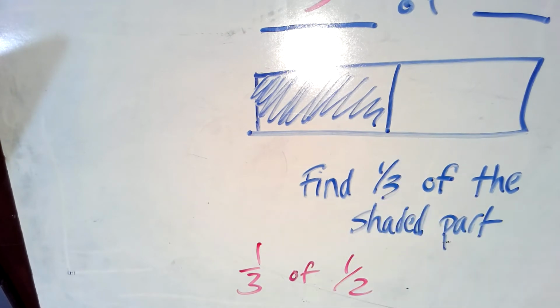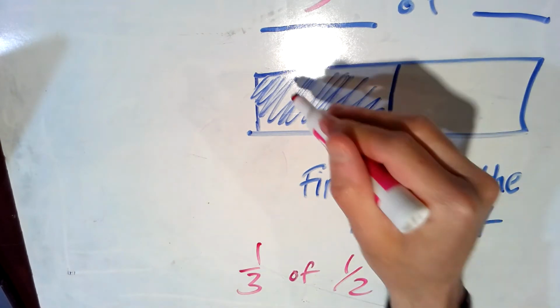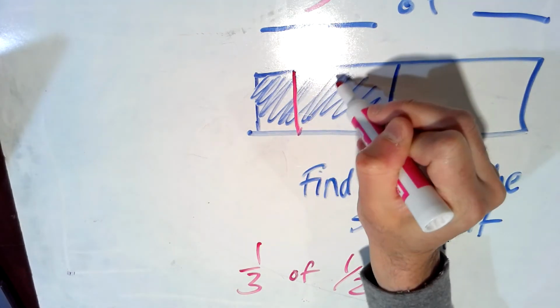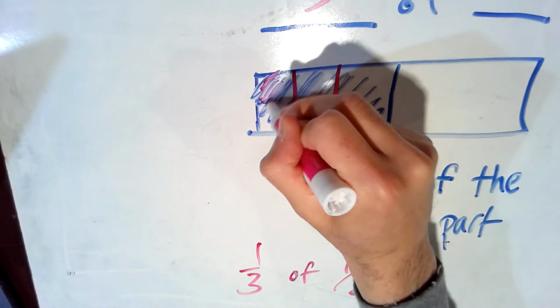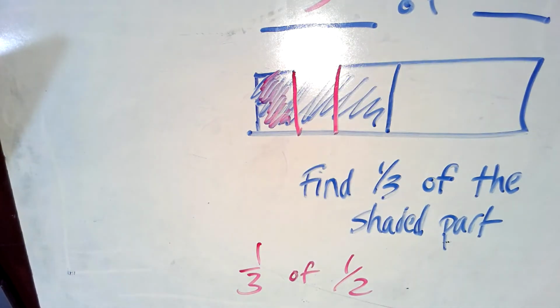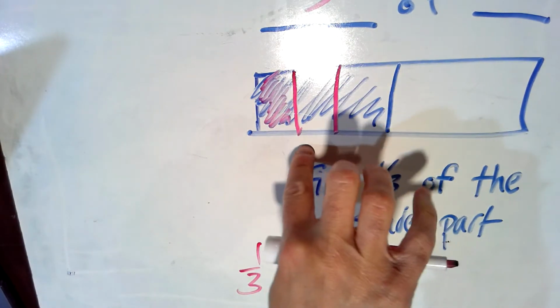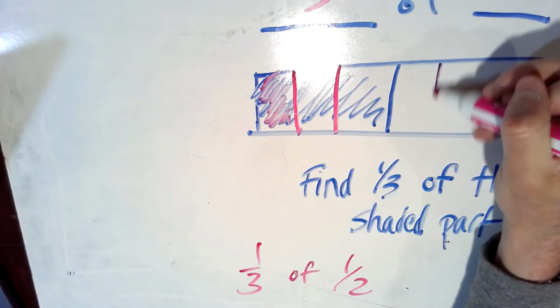So what I'm going to do is I'm going to take that shaded amount and break it into thirds. I'm going to shade in one of those thirds. And since I broke this half into thirds, I'm going to break this other half into thirds too. So I have equal pieces.